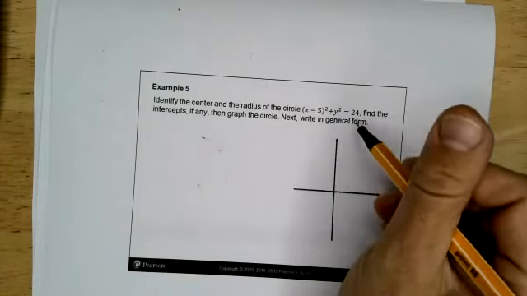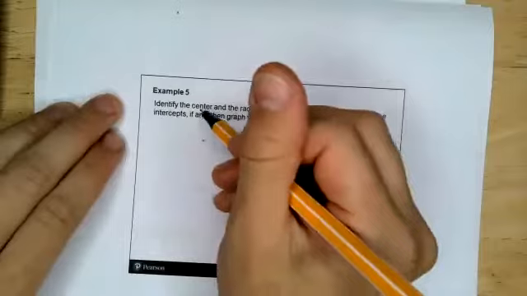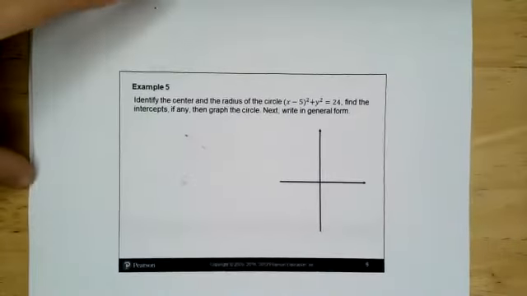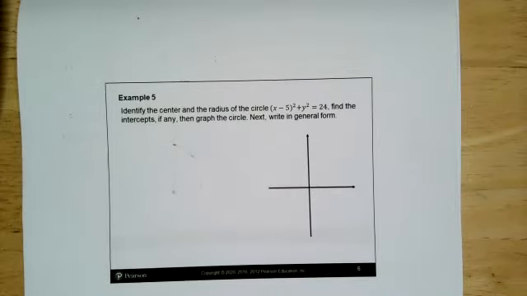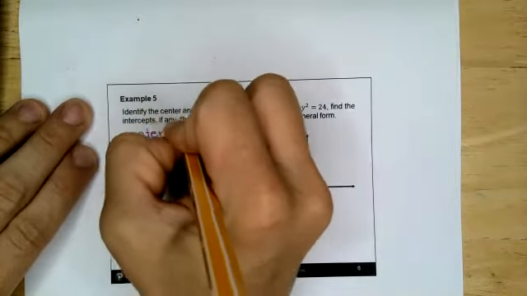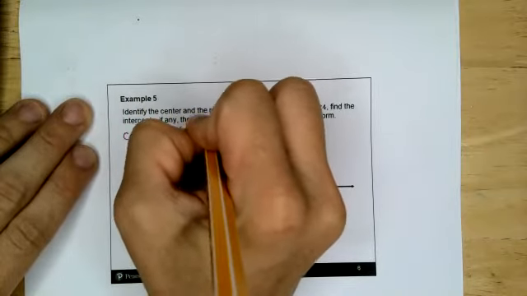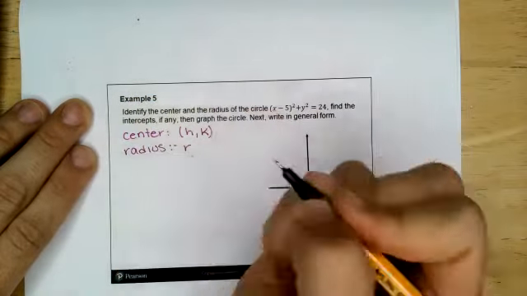When we square it, we get the whole number 24, but 24 isn't a perfect square, right? So it's still asking us to identify the center and the radius, and then find the intercepts and graph the circle, in general form. So my center h, k, radius r.